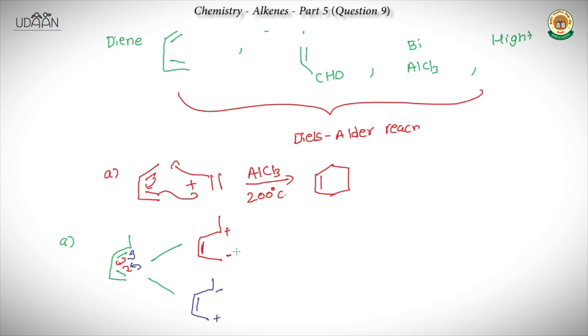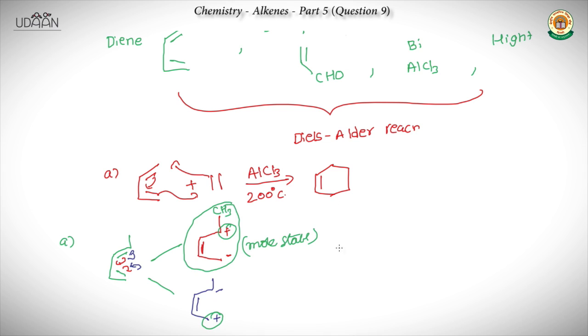Also observe that this is more stable. This one is more stable because this positive charge has hyperconjugation possible with this methyl group, whereas for this positive charge there is no possibility for hyperconjugation. So you have to take this one.